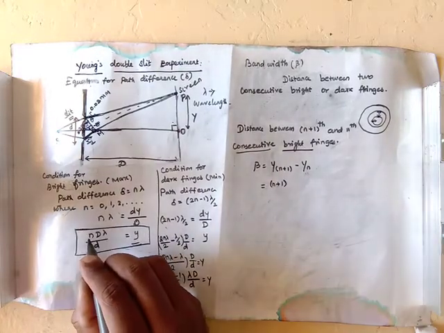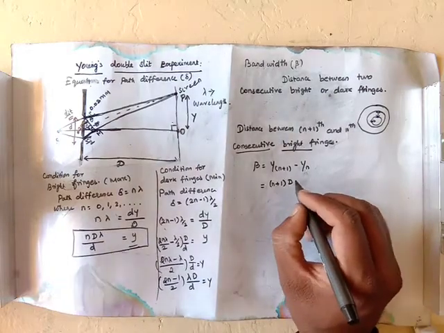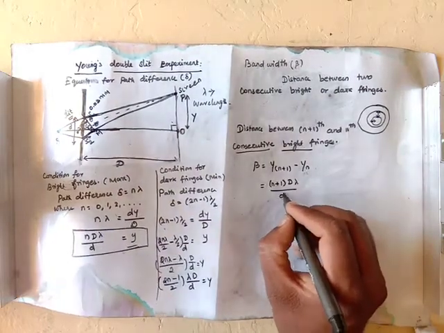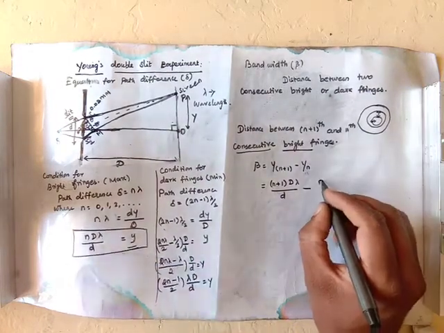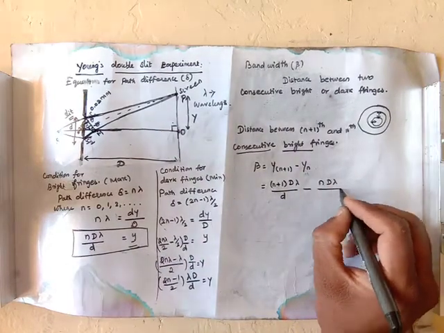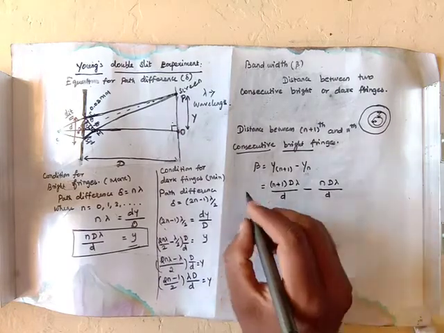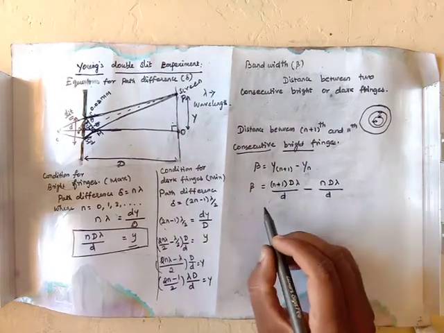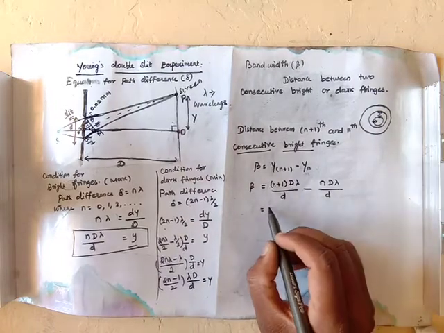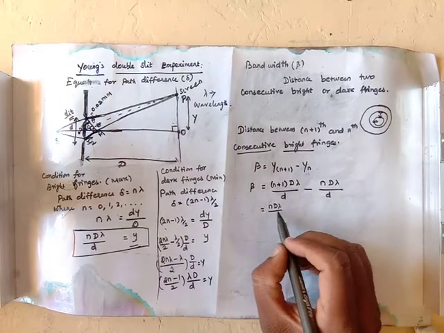Substitute n plus 1 for n, so (n plus 1) lambda D divided by d, minus y of n, that is n lambda D divided by d, is equal to beta. In the next step we are multiplying this out. First multiplying with n, that is n lambda D divided by d.